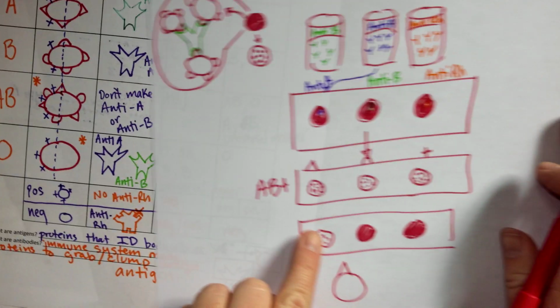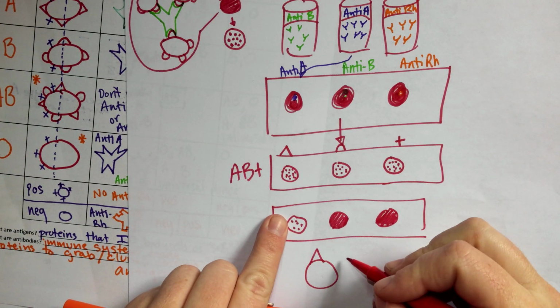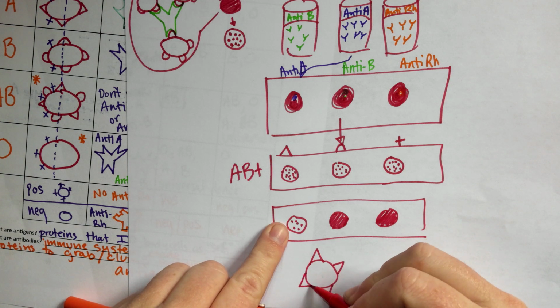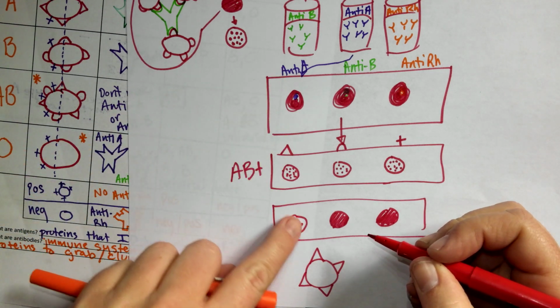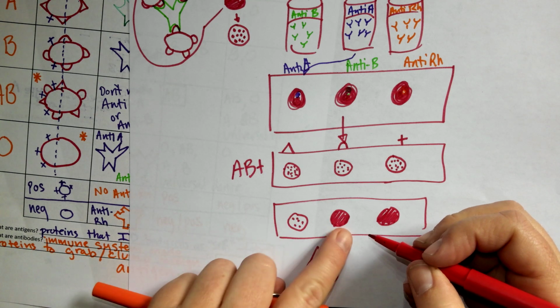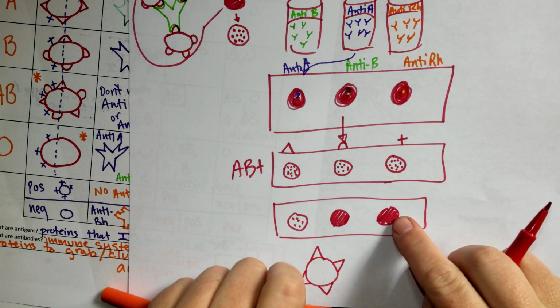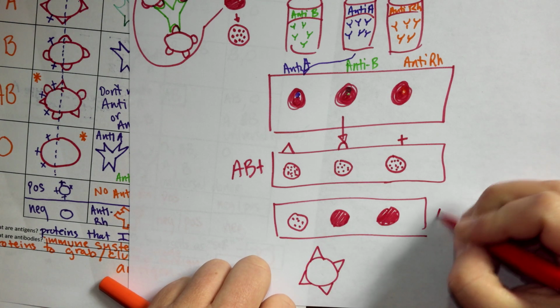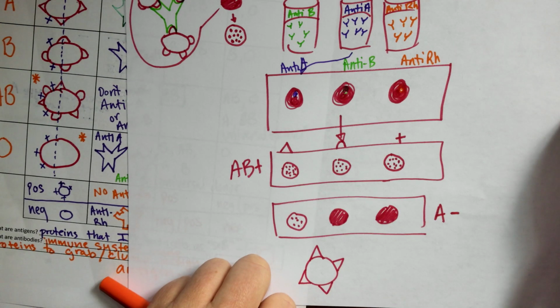That's what's causing this one to clump. But there's no bumps because only the triangle is clumping. Only this triangle anti-A is grabbing triangles. It's negative for B and it's negative for RH, so there's no plus signs. This person would be A negative.